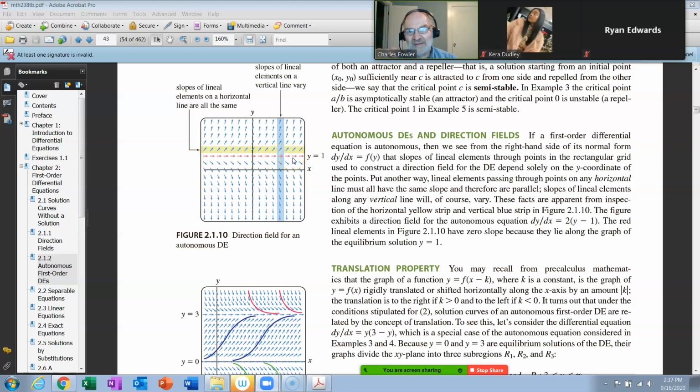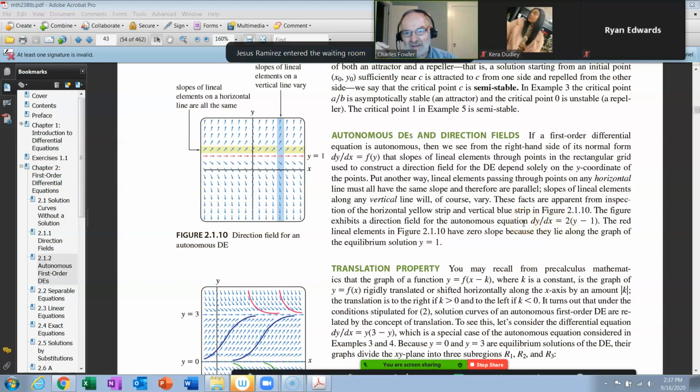Then as you go up a little bit, y is greater than 1, so y minus 1 is positive, and 2 is positive, so you've got slightly upward bending slopes.